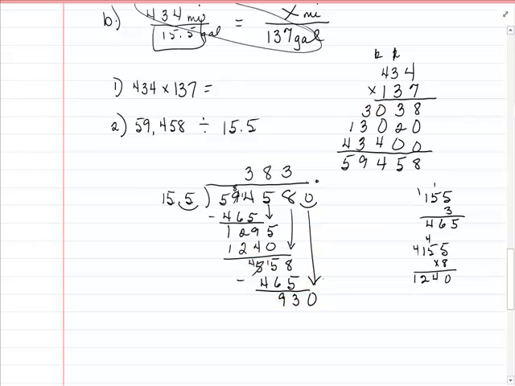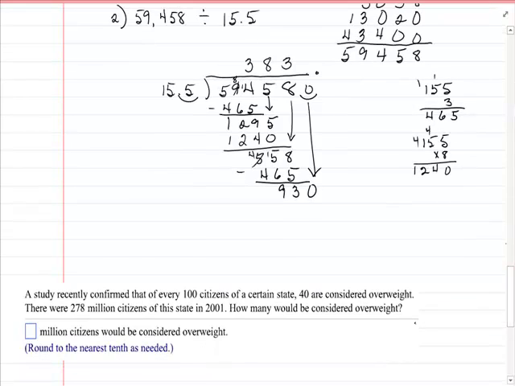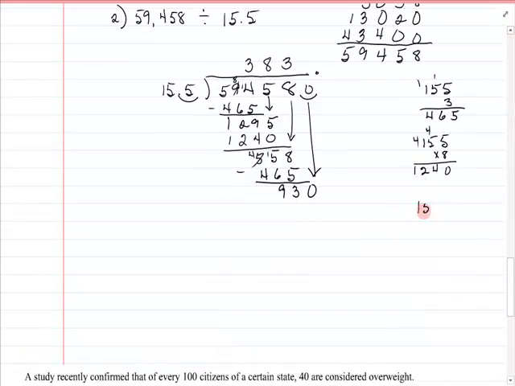Bring down the 0. It's going to go in there about 6 times. 155 times 6. 30. Carry the 3. Carry the 3. 9. Oh, evenly. Something positive happened. So that's 930.